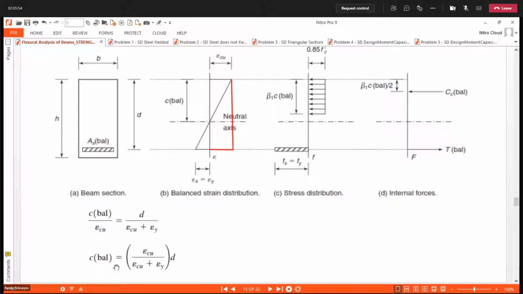Therefore, c balance is equal to epsilon cu over epsilon cu plus epsilon y, multiplied by d.